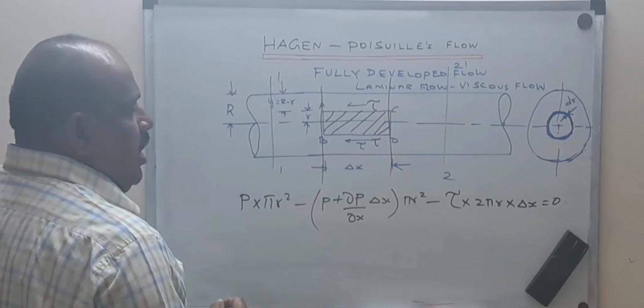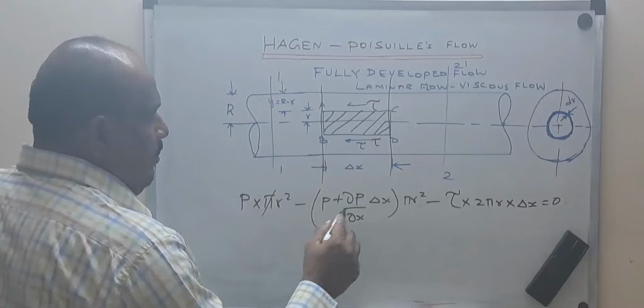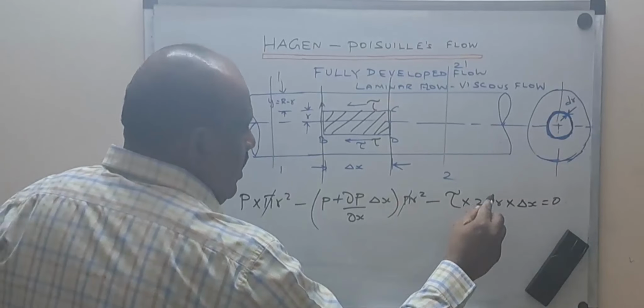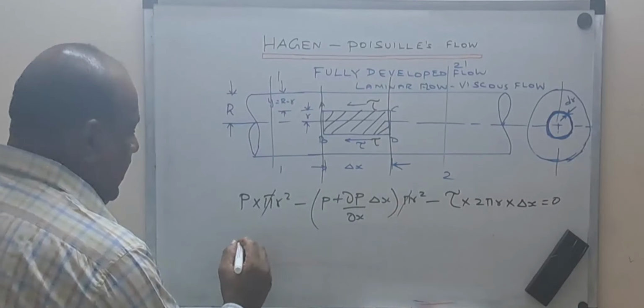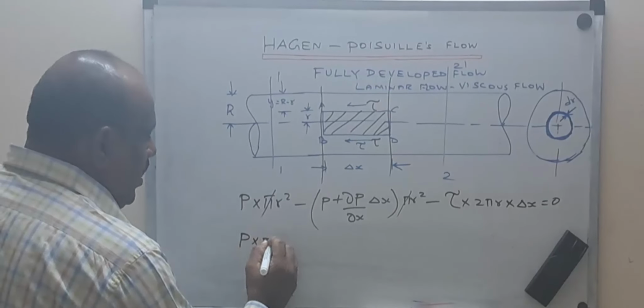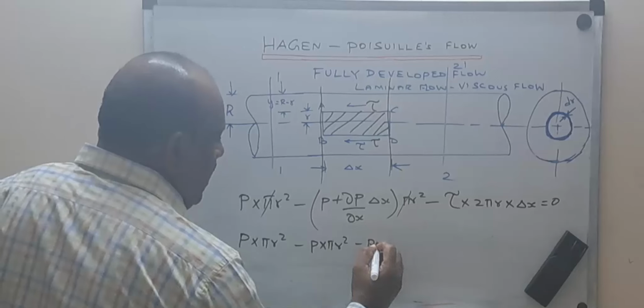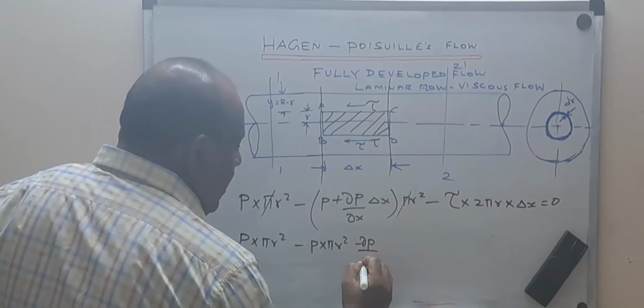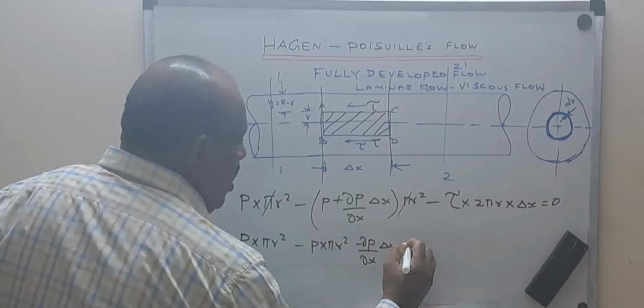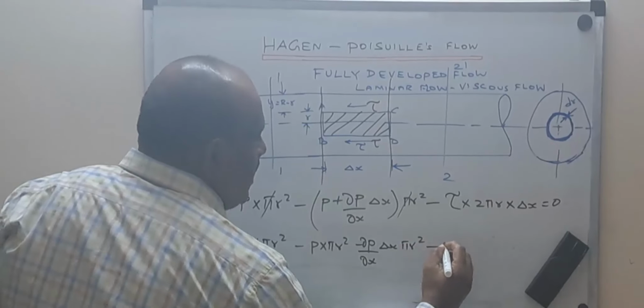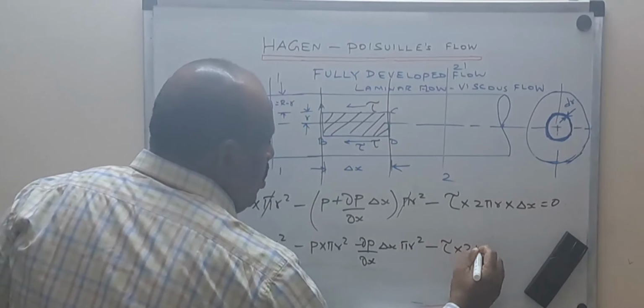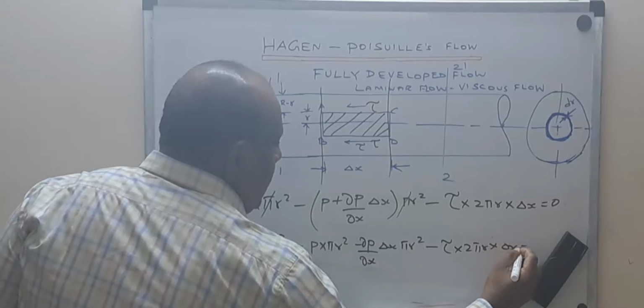Now from this, what are the common terms we can divide? We can divide pi. Before dividing, we will expand it. So P into pi r squared minus P into pi r squared minus dou P by dou x into delta x into pi r squared minus tau into 2 pi r into delta x equal to 0.